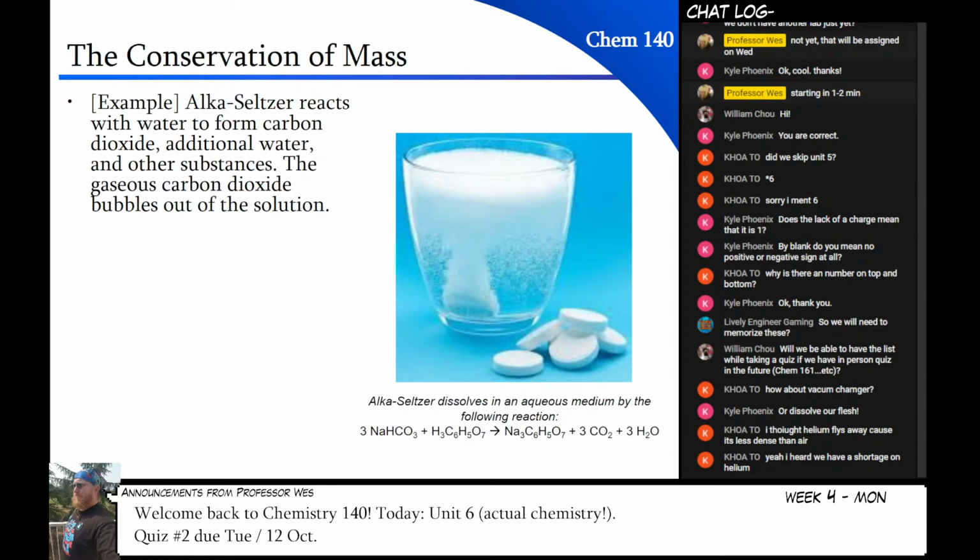So let's apply this in a sort of practical way. I have Alka-Seltzer that I'm going to put into water. Alka-Seltzer is actually a mixture of two things: sodium bicarbonate and citric acid, or some sort of acid similar to that. I don't know if that's citric acid or ascorbic acid or whatever. But both of those things are soluble in water.